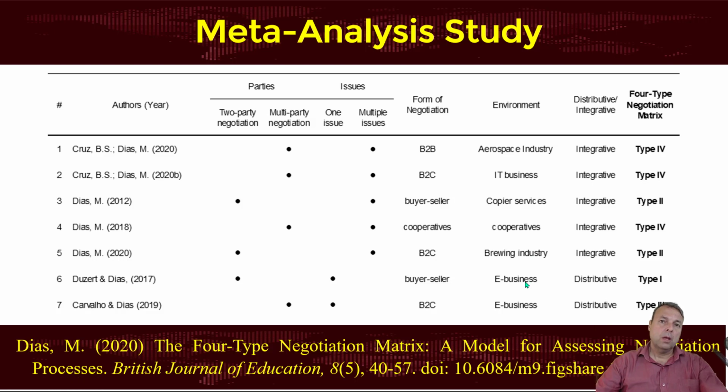In sum, every environment and different forms of negotiation: B2B, B2C, buyer-seller, cooperatives, any form of negotiation. And I could classify them according to types, integrative and distributive negotiation. Therefore, this model complements the existing epistemology on this subject.